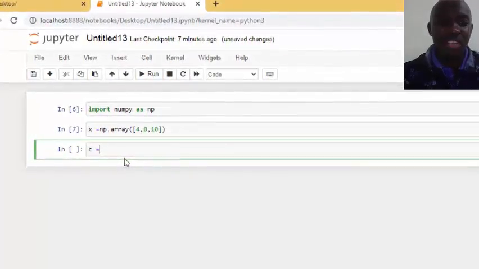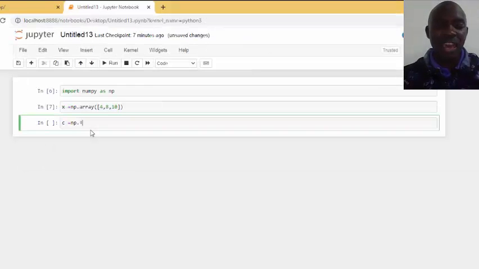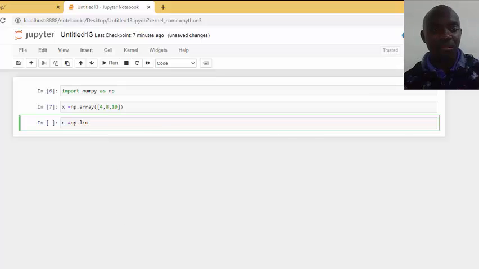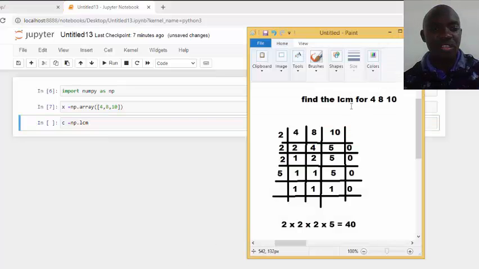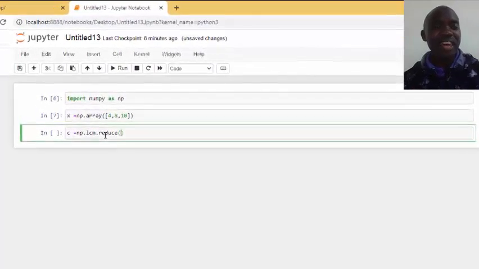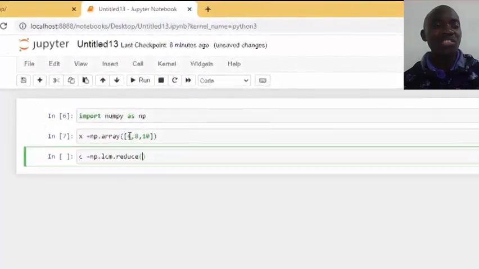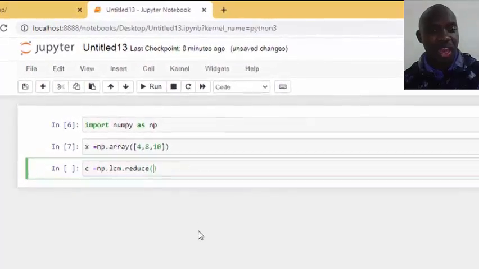I say it is np dot lcm, the name LCM, lowest common multiple. Now we say dot reduce. The reduce method is inside NumPy. Then you call in your x here, because x is assigned to this. Then you run.